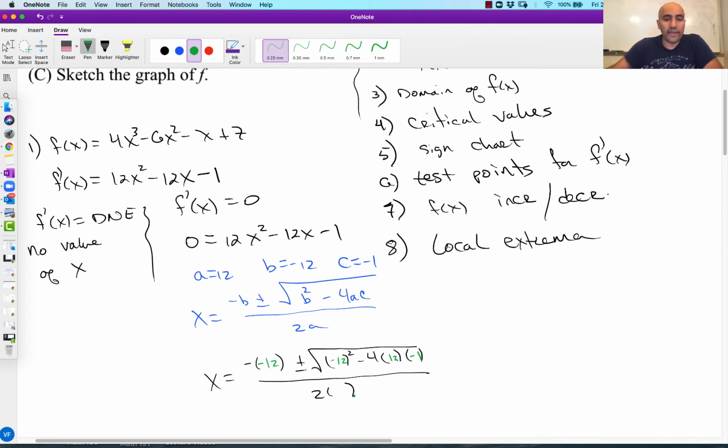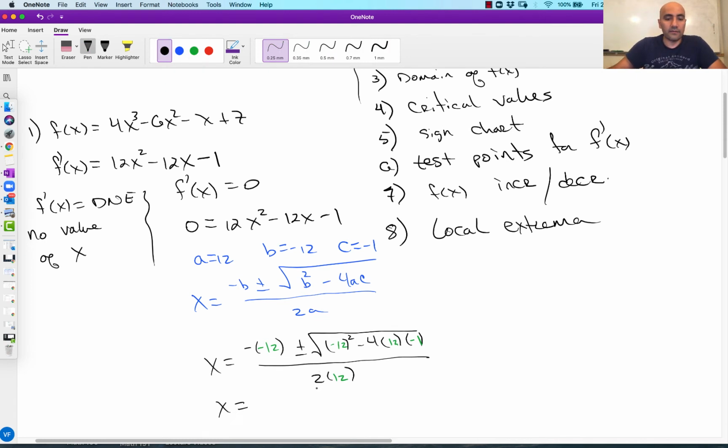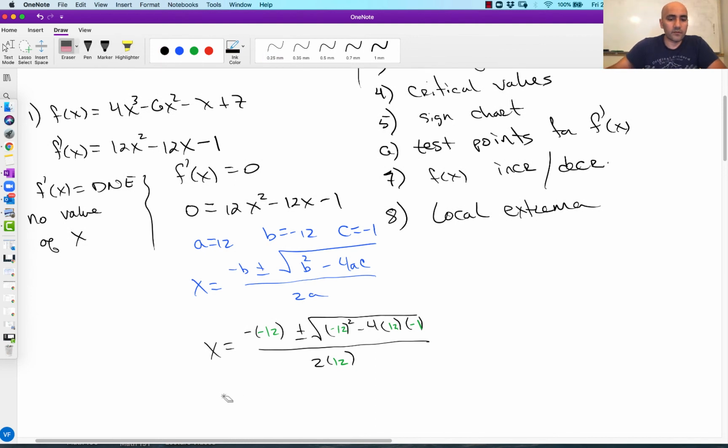And then the role of a is being played by a positive 12. Okay, so I can simplify this a little bit and get that this is going to end up being positive 12 plus or minus the square root of 144 plus 48, since 4 times 12 is 48, all over 24.